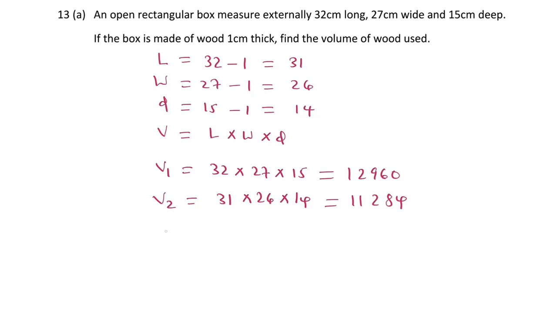So the volume of wood used is going to be 12,960 minus 11,284, of which after calculating the values we are going to have 1,676 cubic centimeters, and this is the answer.